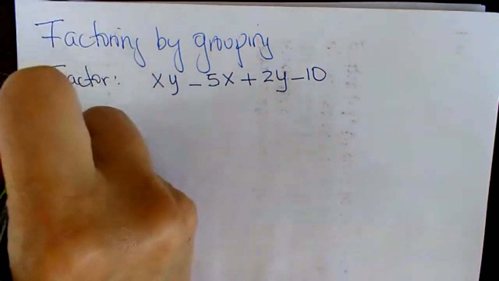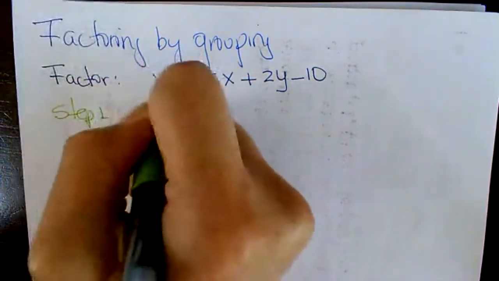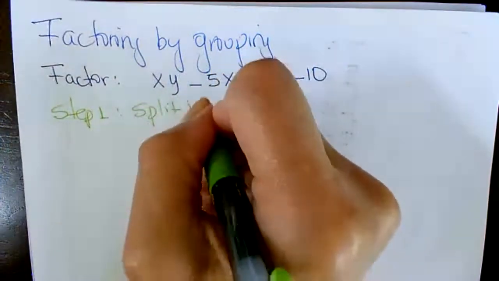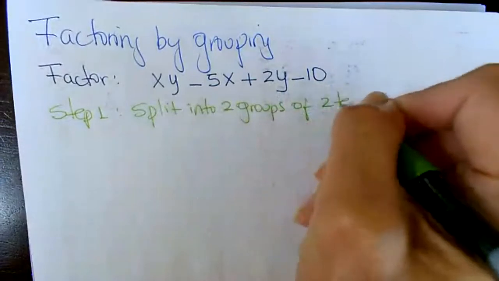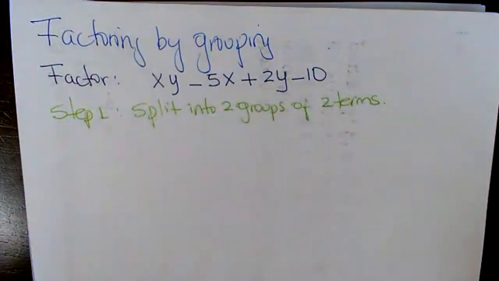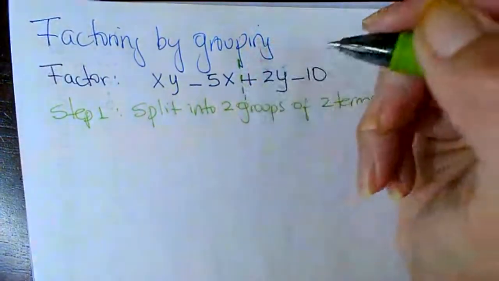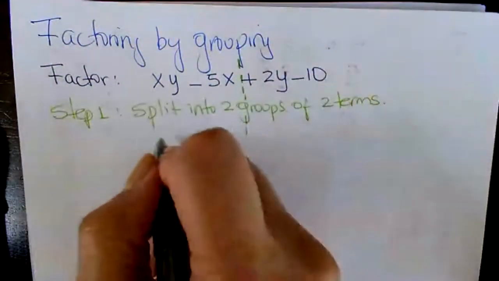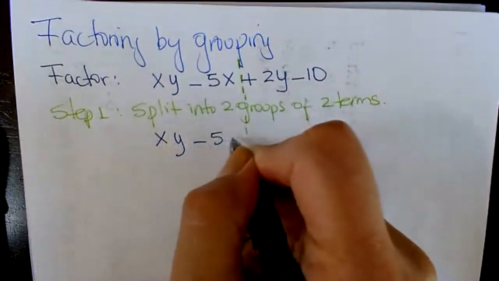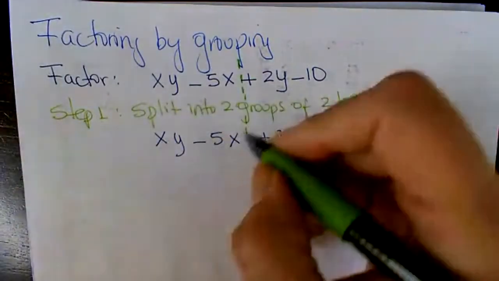So the first step, step 1, is we're gonna split into 2 groups of 2 terms. That's what we're doing first. So we're splitting the xy minus 5x plus 2y minus 10.